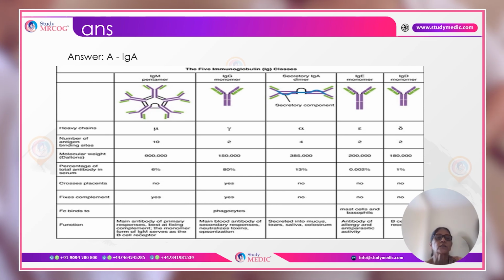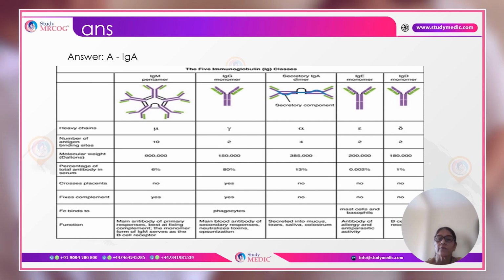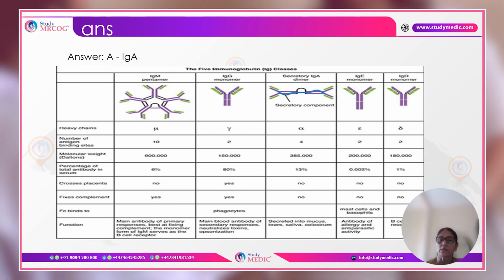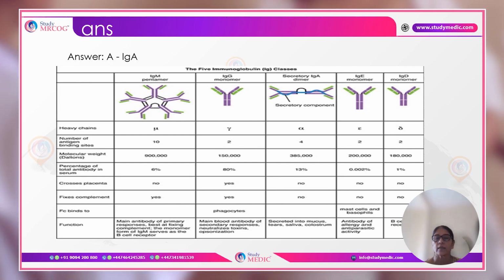So IgM, we know, is the heaviest of the immunoglobulins, and IgM is a pentamer. Whereas IgA is a dimer, and IgG, the immunoglobulin with the lowest molecular weight because it can pass through the placenta, is a monomer.